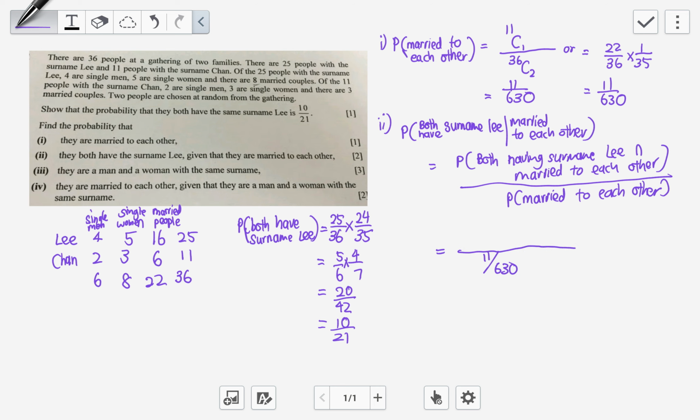Both having surname Lee and married to each other is the case we are choosing from, because out of these 8 couples with surname Lee, we have to choose one of them, out of all the ways of choosing 2 people. So 36 choose 2.